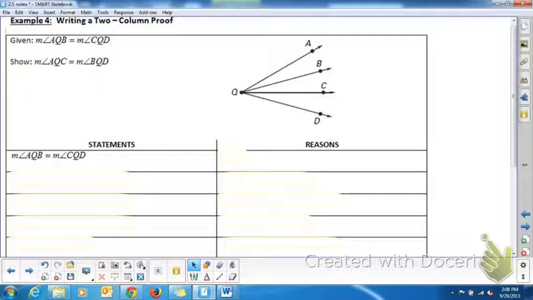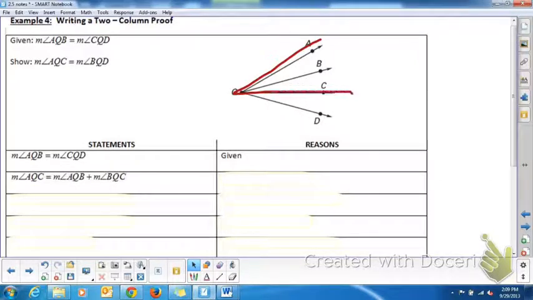So step 1, the measure of angle AQB is equal to the measure of angle CQD. Usually in step 1, you always put this bit of information. We got that because it was given to us. The next step is that we know that AQC, that's this one, is equal to angle AQB plus angle BQC.